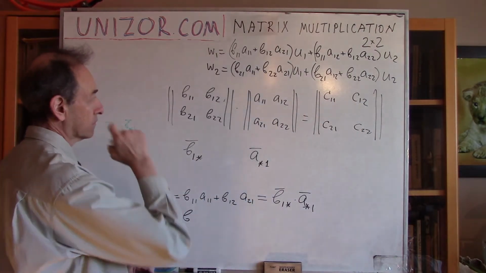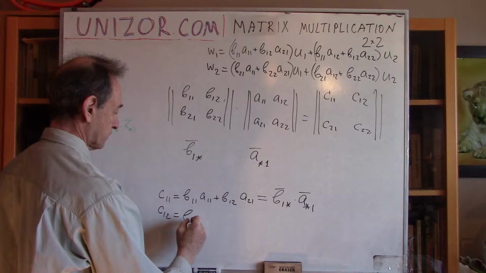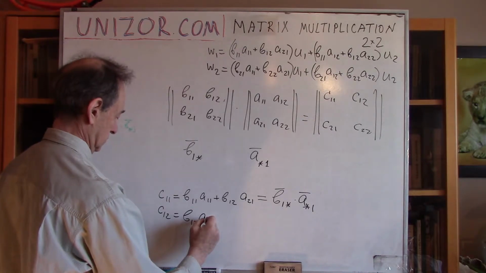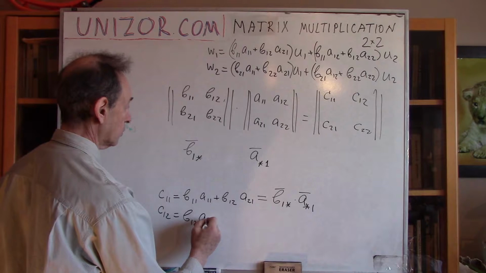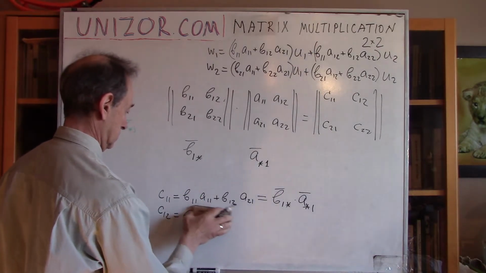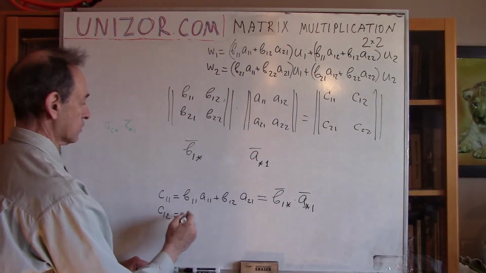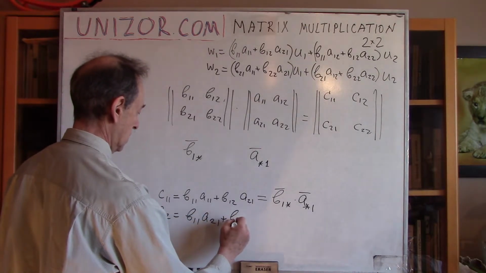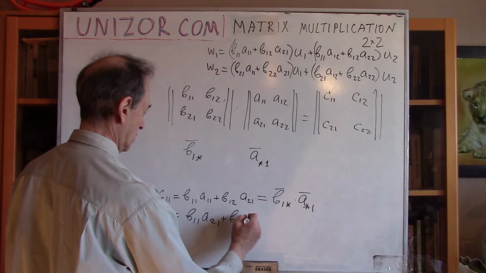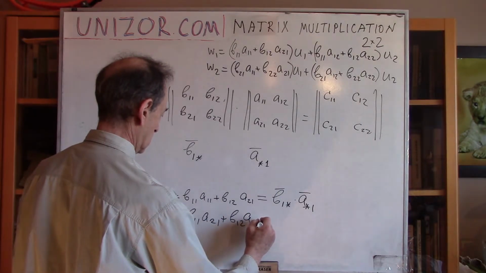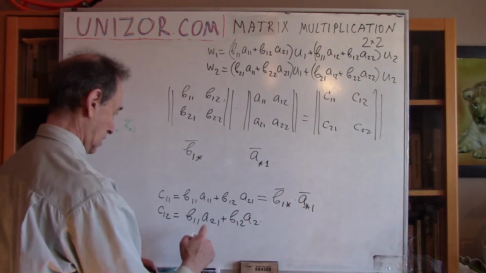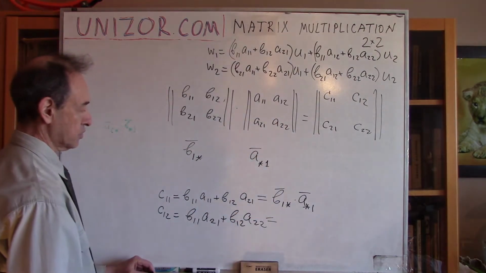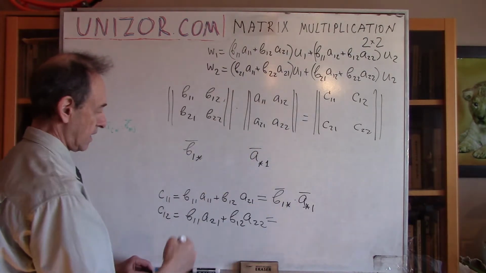C12 is equal to B11 A12, no, stop. C12 is equal to B11 A21 plus B12 A22, the first column, right, which is equal to, this is the formula, one of those which I have wiped out.